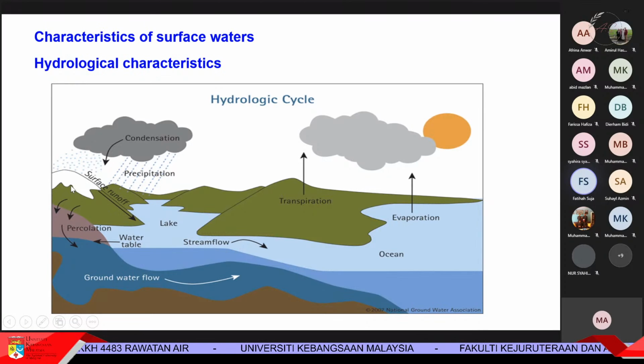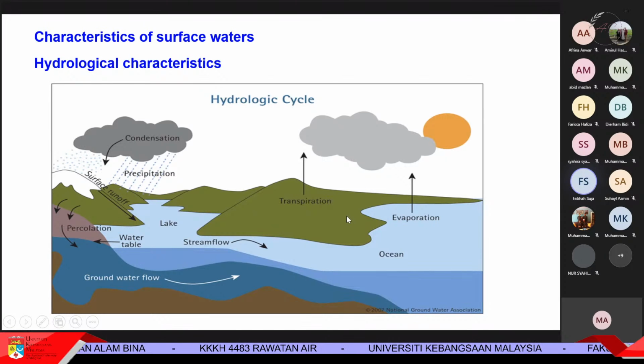Let's say you use pesticide for your agriculture. You use it here, but it will percolate, go to the groundwater flow and then the ocean, and then evaporate, transpiration. So everywhere you will get the effect. Okay.